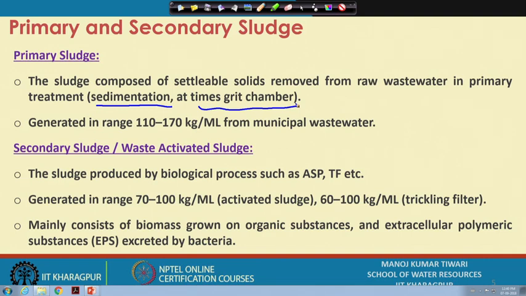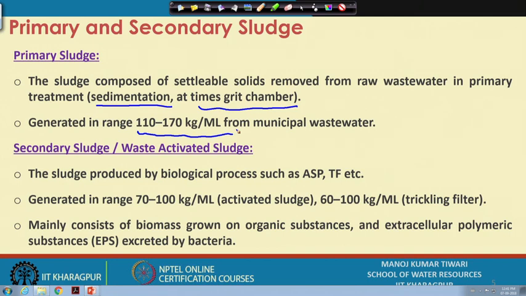They can be taken out, there is not much water content anyway, so they can be disposed of to landfill sites, as we were just discussing. Typically primary sludge is generated in the range of 110 to 170 kg per million liter from municipal wastewater.